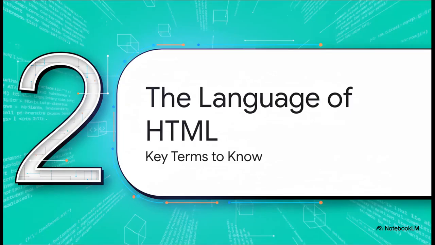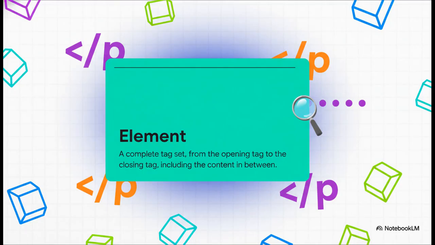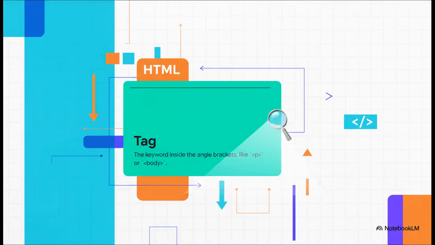Okay, so you've seen the structure. Now let's just quickly go over the language we use to talk about it. If you know these 3 terms, you'll find understanding HTML a whole lot easier. First up, we have an element. An element is the whole shebang. So in our example, each one, welcome, is a complete element. It's got the opening tag, the content in the middle, and that closing tag, the whole package. A tag, on the other hand, is just the part inside the angle brackets.